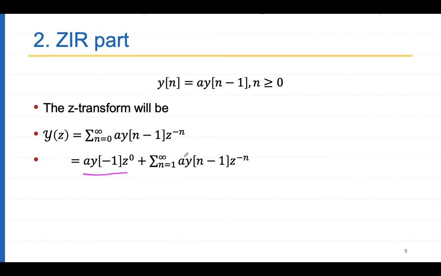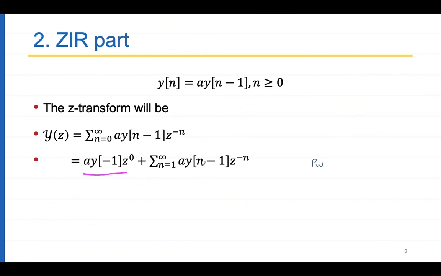So this part plus the other part, which is a y[n-1] z^-n. So here the input is basically y0, y1, y2, which are anyways a part of my Z transform. Okay, so I have separated my initial condition from my evolution. My initial condition is y[-1], my evolution is n greater than or equal to 0, right?